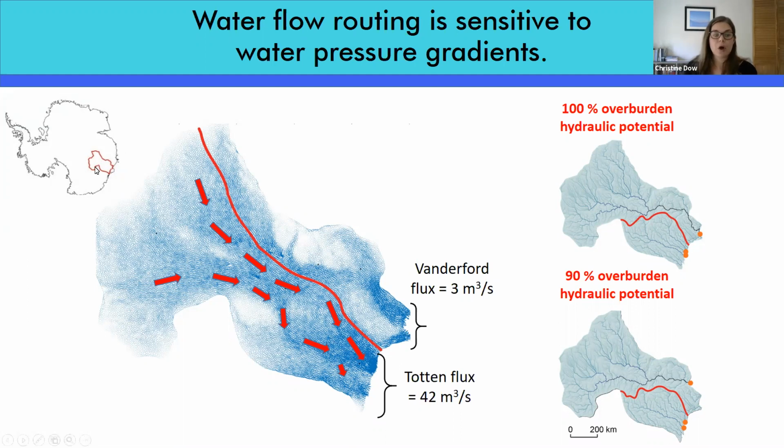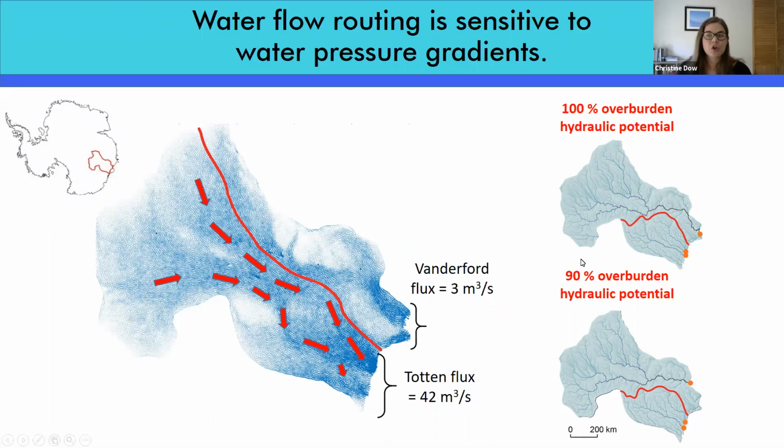In this example of Aurora Subglacial Basin, if you divide up the water flux between Totten Glacier down here and Vanderford Glacier up here, what you find is most of the water flows into Vanderford Glacier, not very much into Totten. Even if you drop the pressure everywhere below overburden to 90%, then still most of your water flows out of Vanderford Glacier and less out of Totten.